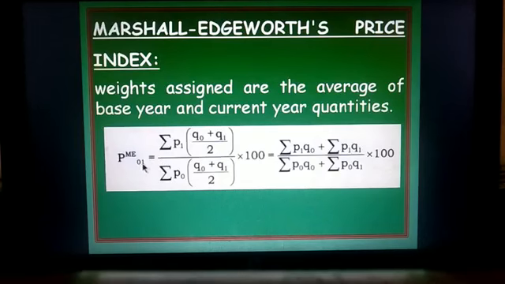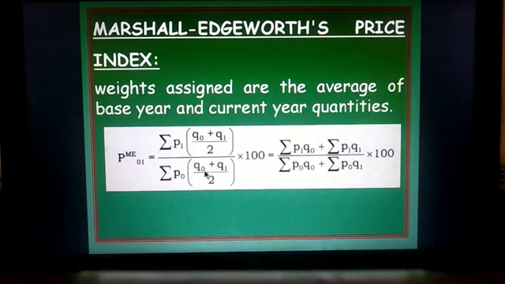P01, as usual notation, this ME will represent Marshall-Edgeworth, is equal to sum of P1 over sum of P0, the usual format we have seen in the previous two index numbers, Laspeyres' and Paasche's, which we have already learnt. So now the weight applied is (Q0 plus Q1) divided by 2.